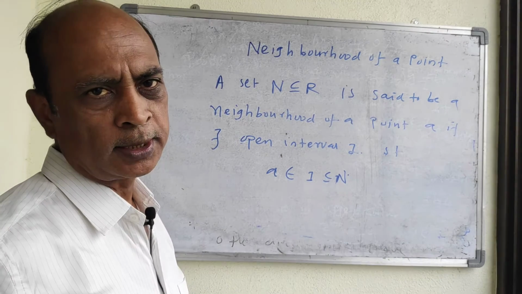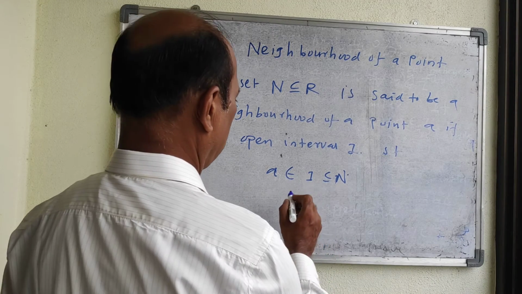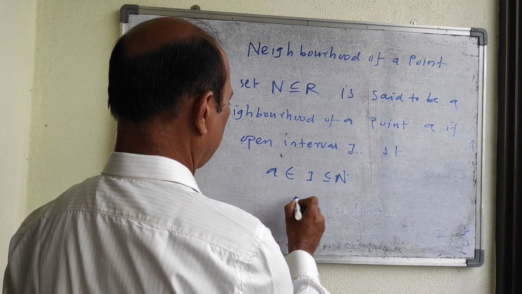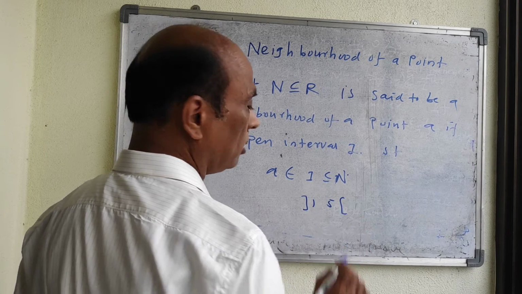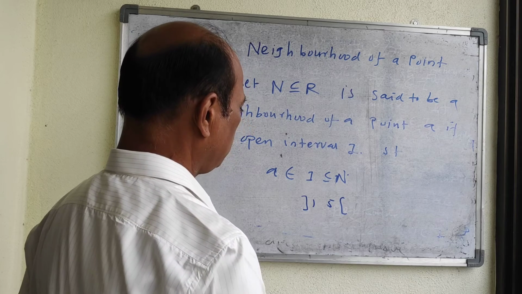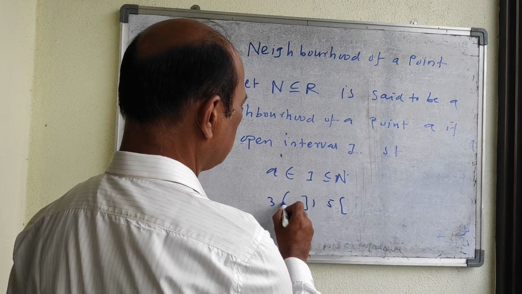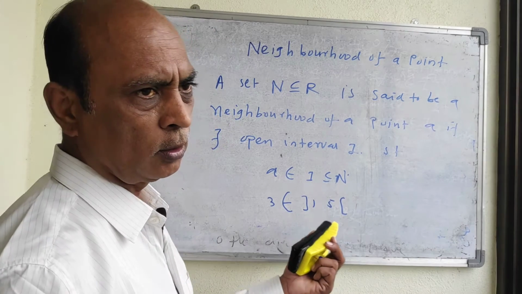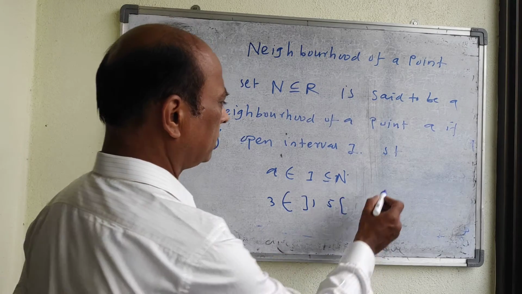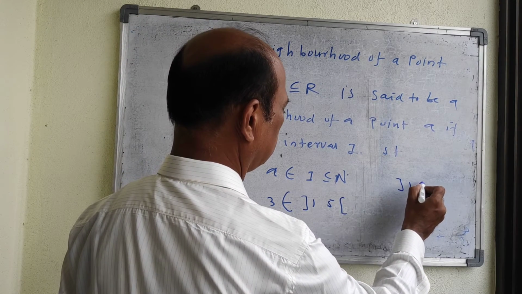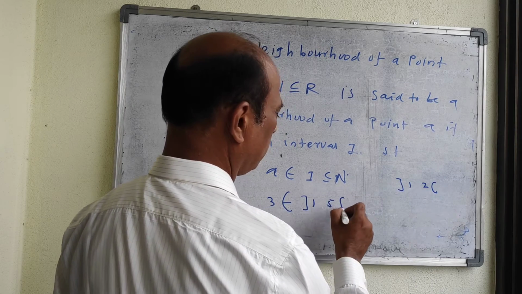That is said to be the neighborhood of that point. For example, suppose we take an open interval (1, 5), and suppose I take one point, say 3. So 3 belongs to this open interval (1, 5). Suppose we take another interval, (1, 2), which is a proper subset of (1, 5).